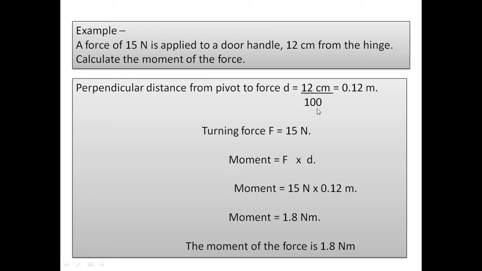If you divide by 100, you get 0.12 meters. The turning force is 50 Newton. How do you calculate the moment? F into D. 50 times 0.12, then the answer is 1.8 Newton meters. The moment of the force is 1.8 Newton meters. See, these are easy calculations.